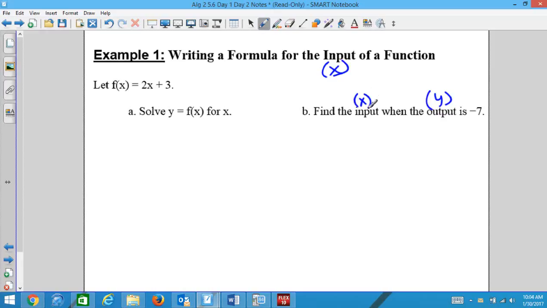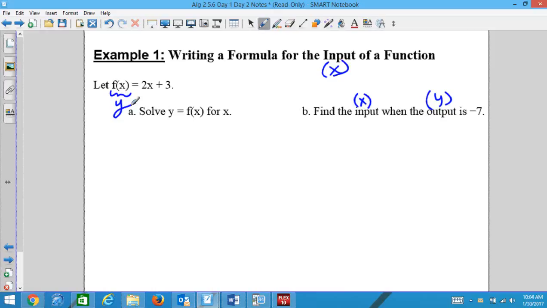When you look at the first equation, it says let f of x equals 2x plus 3. We see the input is the x. Well, where's the y? The f of x itself is the fancy way of writing y, right? F of x is y.